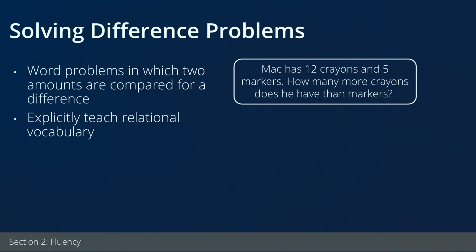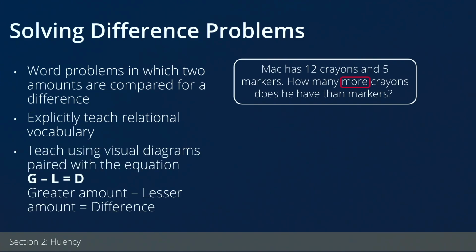What relational vocabulary is in this word problem? Well, the question asks, how many more crayons does he have than markers? So if I have more than something else, I end up comparing two different quantities. And so if I were to think about that language, maybe I want to highlight that word more to really focus on that comparison of the crayons to the markers.